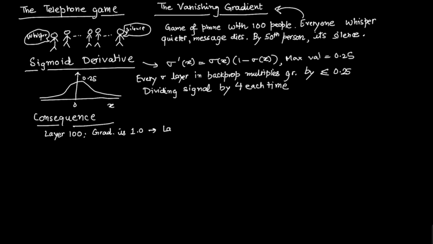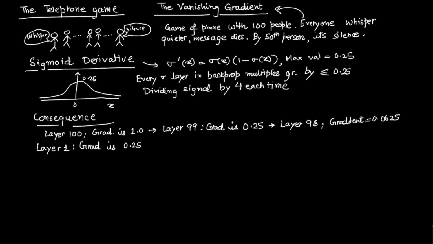Layer 99 gradient is 0.25. Layer 98 gradient is 0.0625, and so on. And finally at layer 1, the gradient is 0.25 to the power of 100, which is nearly equal to 0. The signal dies. Weights in the early layers, layer 1 or layer 2, never get the message.